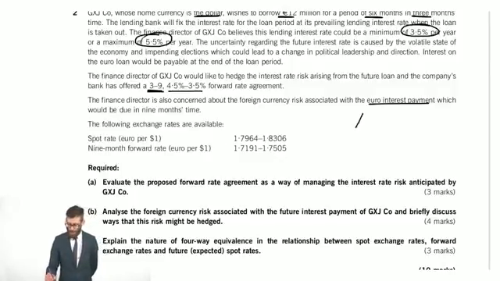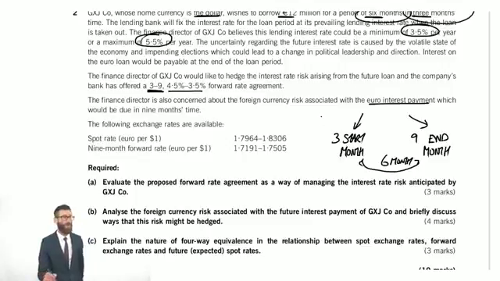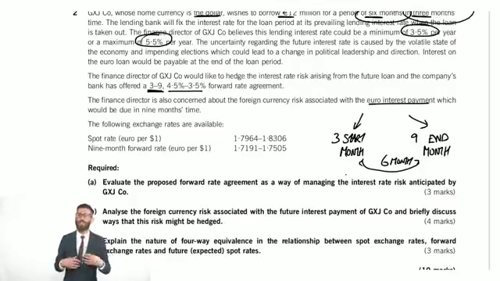The 3 is the start month, and the 9 is the end month, because the duration is 6 months. So in this question, it said a period of 6 months in 3 months' time. If the examiner bombards you with a number of different FRAs, you've got to understand you identify it by the month it starts and the month it ends.